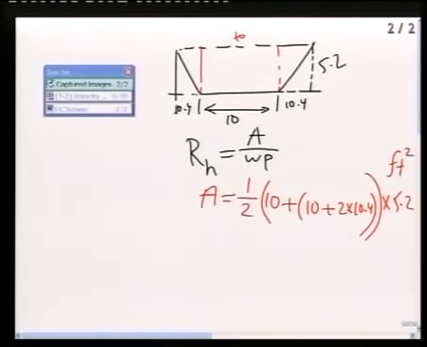Now, for the wetted perimeter, now we are talking about this surface. Okay, and that means we have 10 plus, multiplied. This one is like this one.